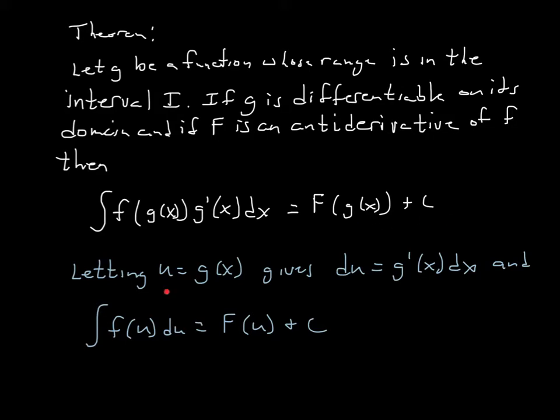Now if we let u equal g of x, we can find the differential of u, so du would be g prime of x dx, and therefore this integral could be written as the integral of f of u du, and it's going to equal capital F of u plus c.